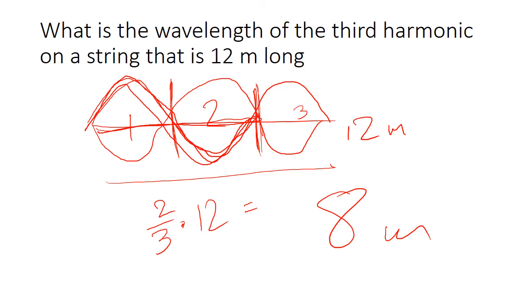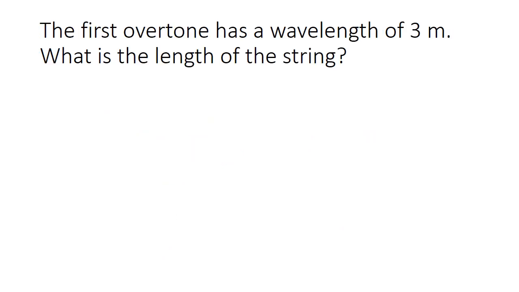We got one more to do. The first overtone has a wavelength of 3 meters. What is the length of the string? Pause the video, draw it, and see if you can come up with an answer. Okay, so here, first overtone means the second harmonic.